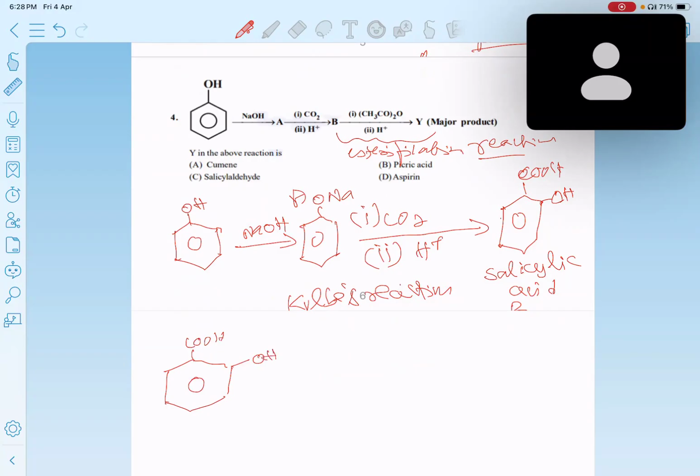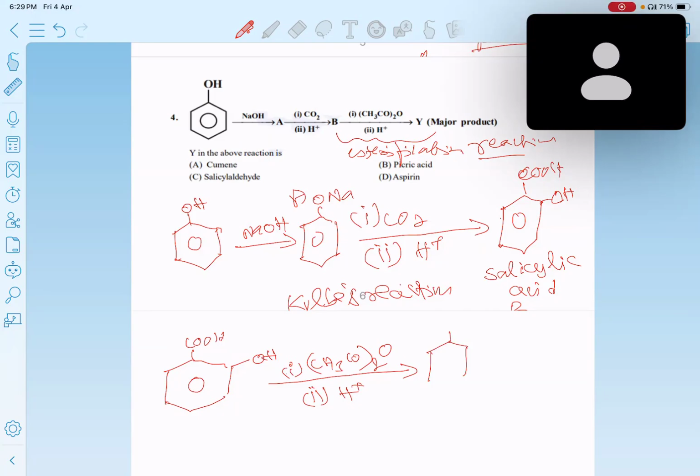So addition of a CH3CO group to the alcoholic functional group, with (CH3CO)2O in the presence of concentrated sulfuric acid.